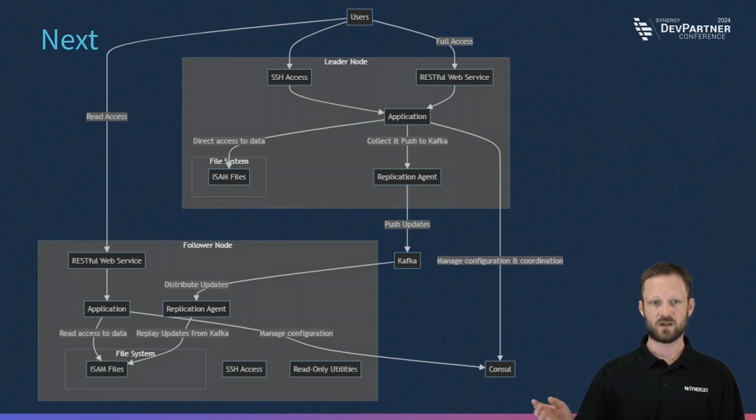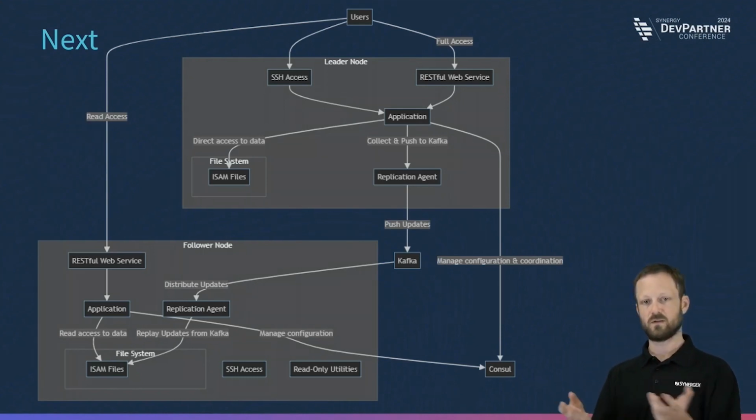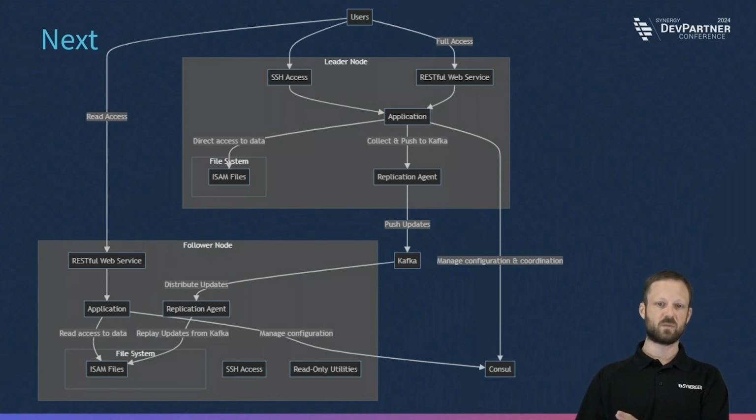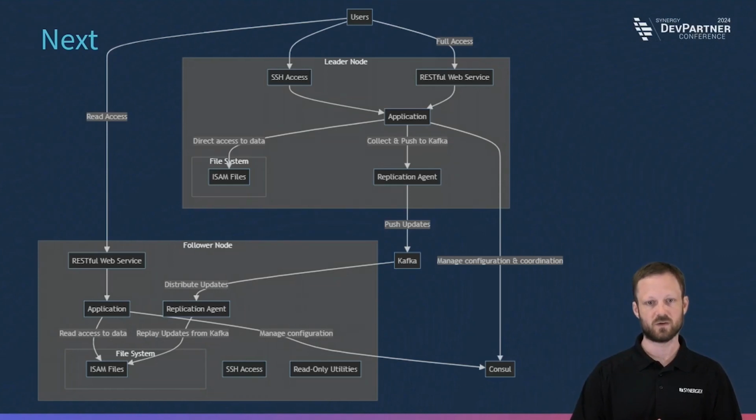So the ISAM files are still on disk in this node, and all of the operations that happen inside the application get collected up. So we use IO hooks to do that interception, and then they get sent off to Kafka via a replication agent. So this is like super SQL replication.